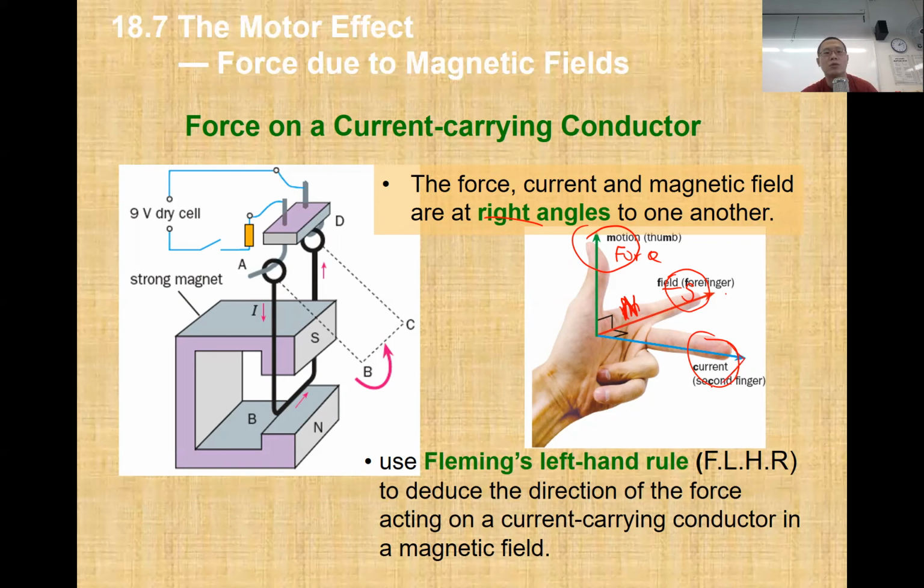If you look at the picture, the field is going upwards, north to south. With my left hand rule, I always start off with my index finger, the magnetic field finger. Based on this picture, the field line is pointing upwards, north to south.